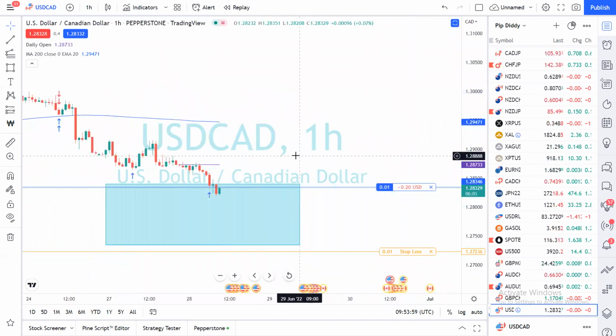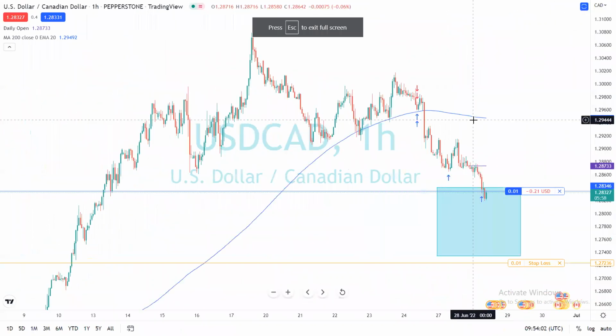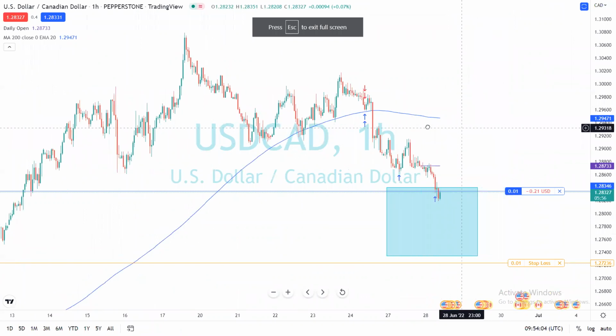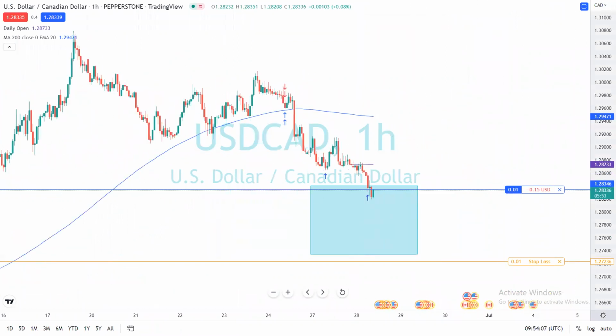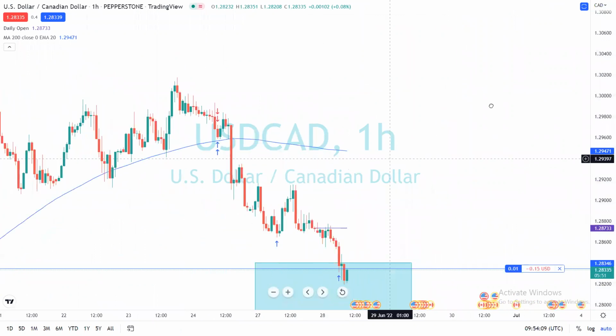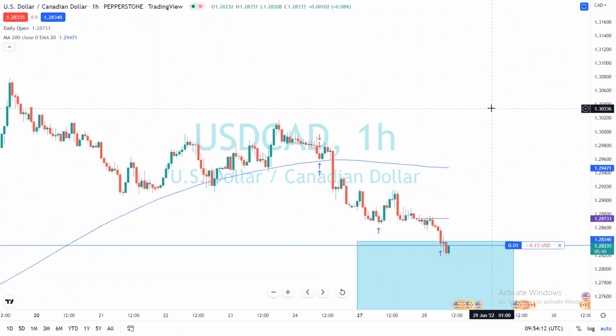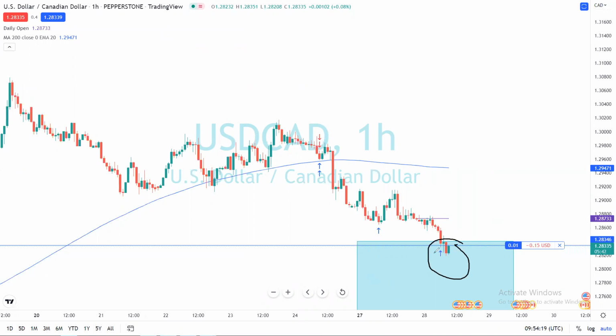So what you do now, as soon as the price falls into the blue box area, you want to start watching the price action. Now we're gonna watch the price action within this blue box here. And what you are simply looking for is reversal patterns, or reversal signs, whatever you call it.